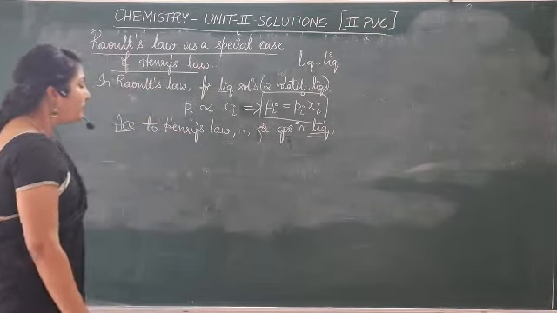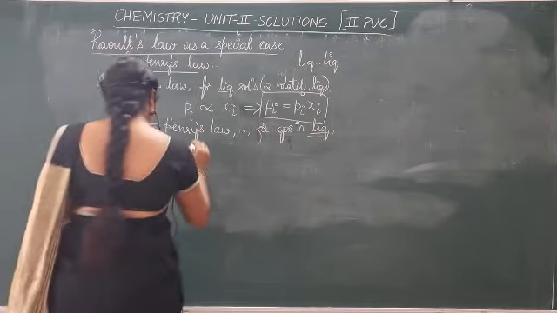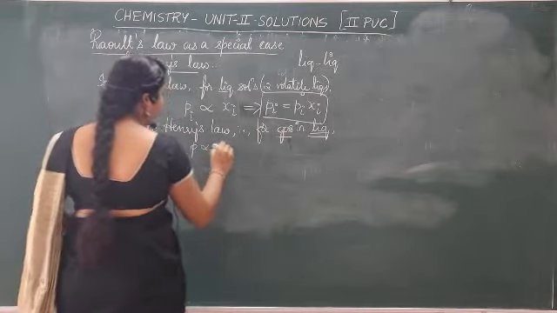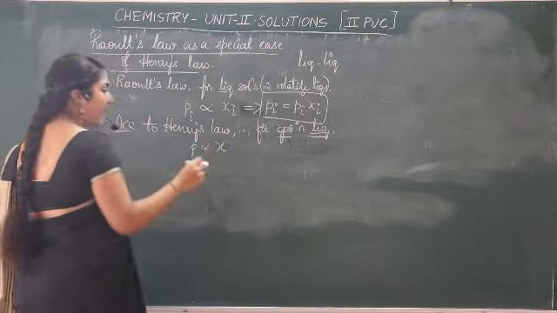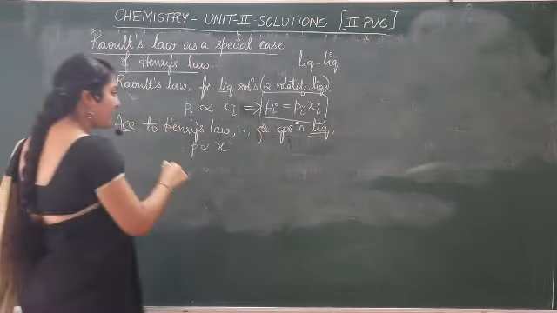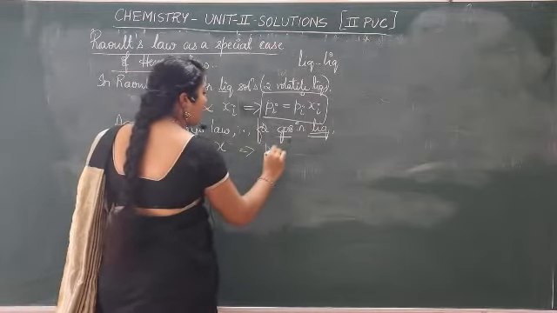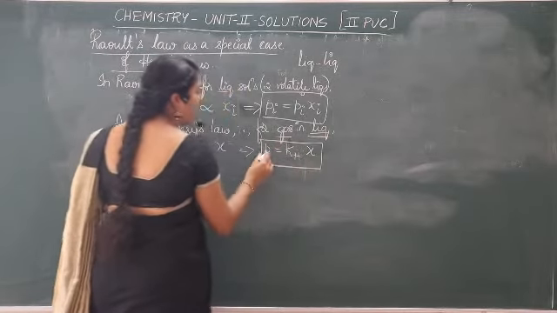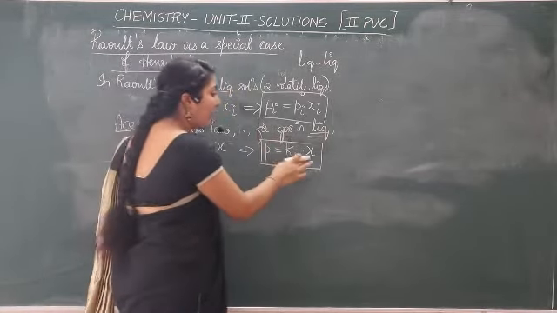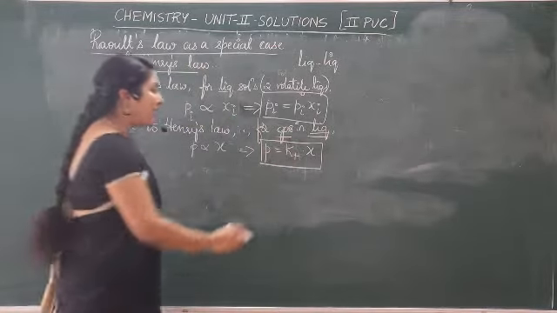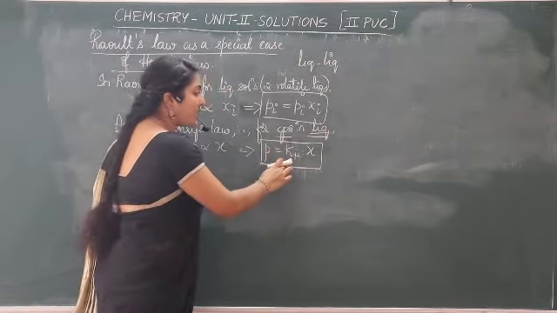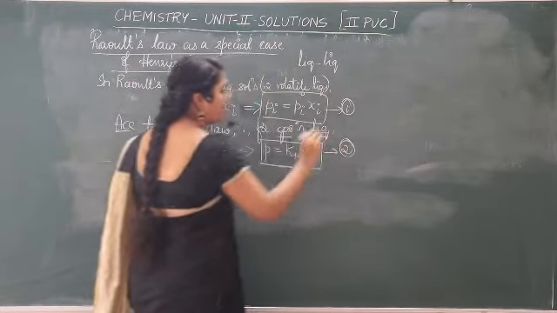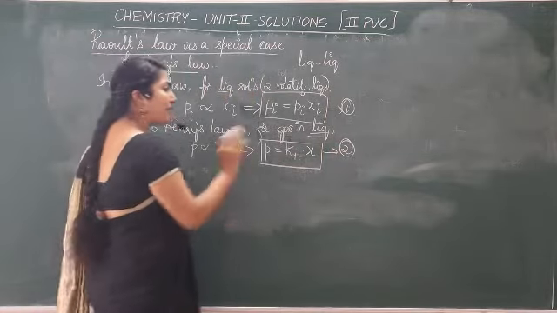Now what has been told? So it is given that the partial pressure of the gas is proportional to its mole fraction in the solution, or it was given as P is equal to KH into X, that is the mole fraction. P is the partial vapor pressure and X is the mole fraction. KH is Henry's constant. Now compare these two. Comparing 1 and 2, everything is the same.